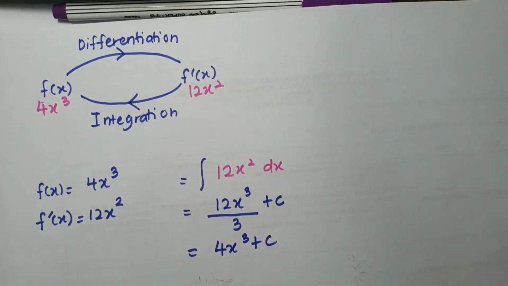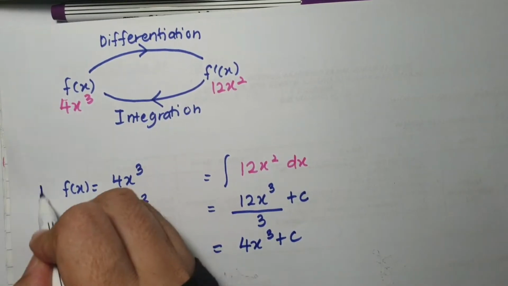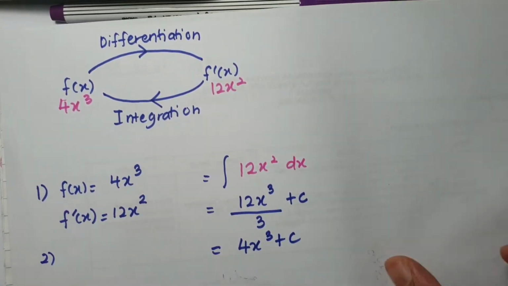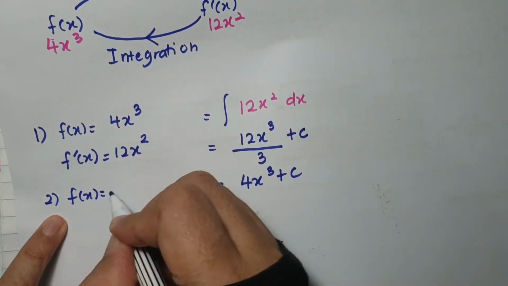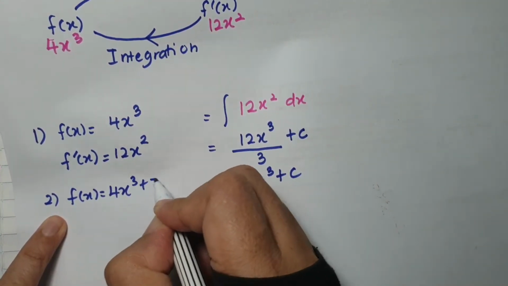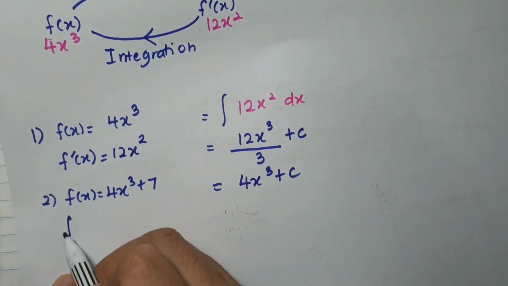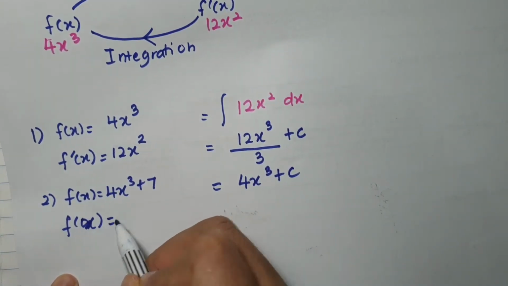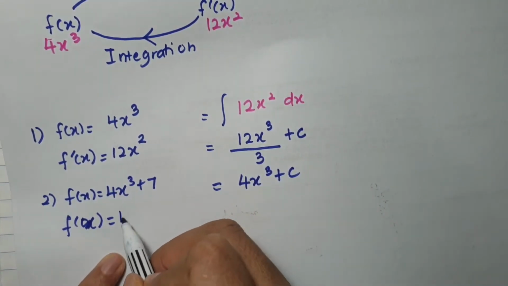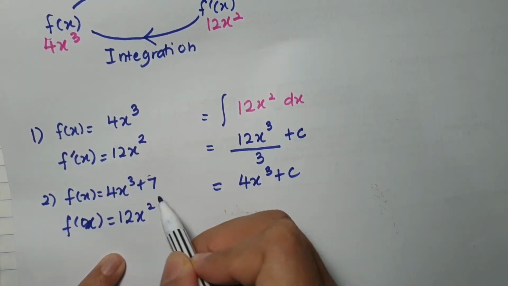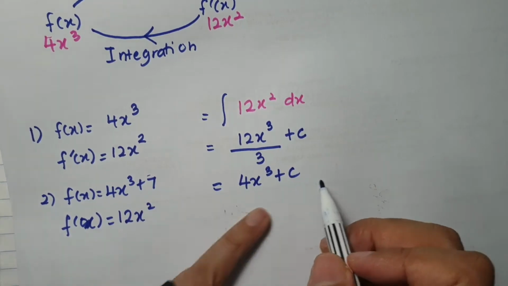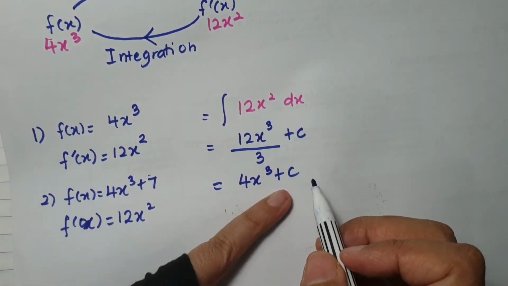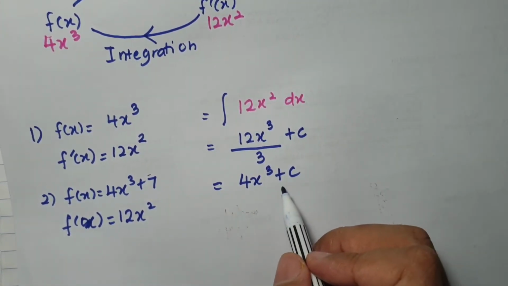Because if you have a function fx equal 4x cubed plus 7, what is the first derivative of this function? Of course, the same answer, because differentiation of any constant is 0. That's why we put plus c, because the c can take any value.